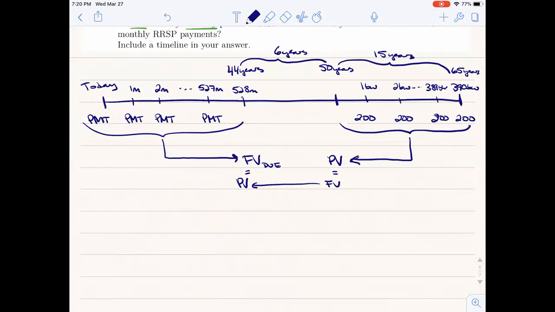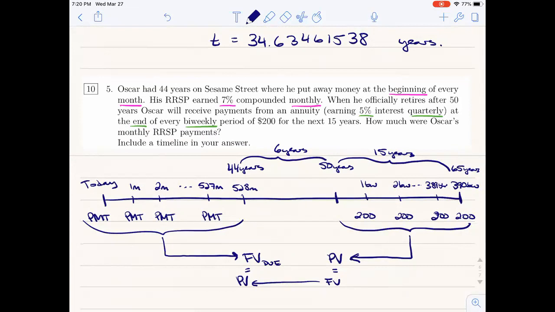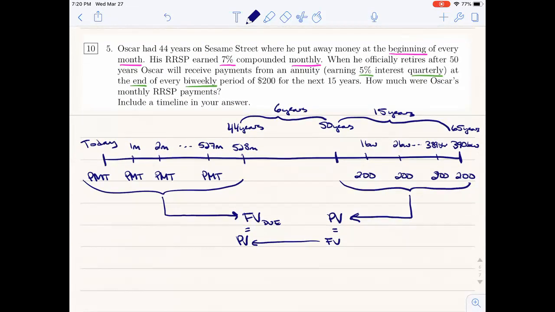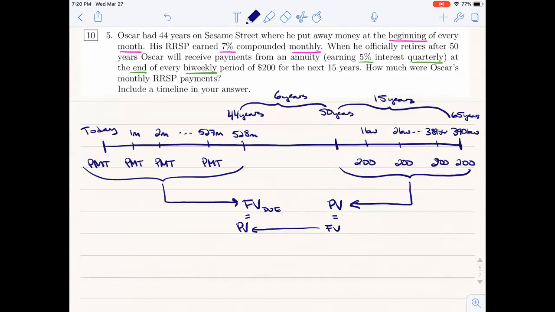This is just a 6-year period where we're going to assume that it's 7% compounded monthly, because it's not until the $200 payments that it switches to 5% compounded quarterly. And so we've got 6 years of monthly compounds. So n is time times the frequency, which is 6 times 12, which is 72 for that little chunk.